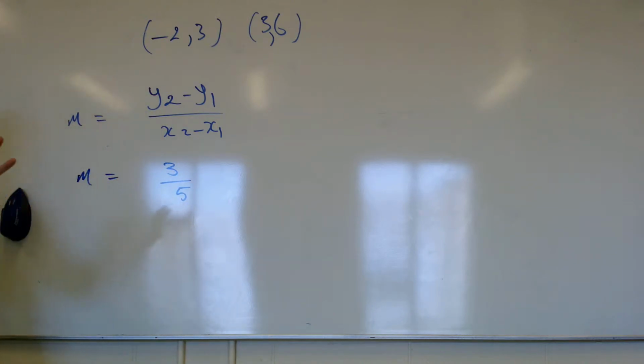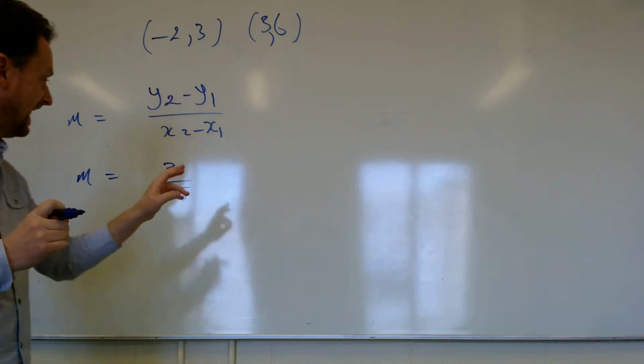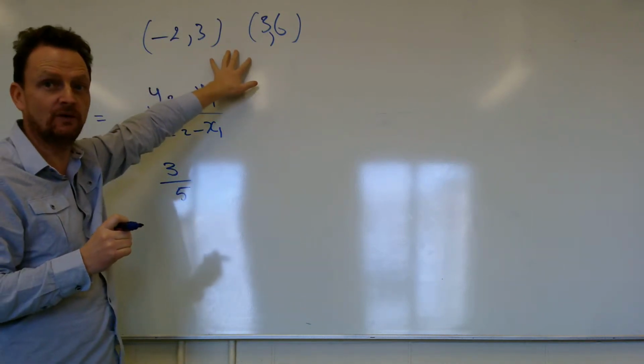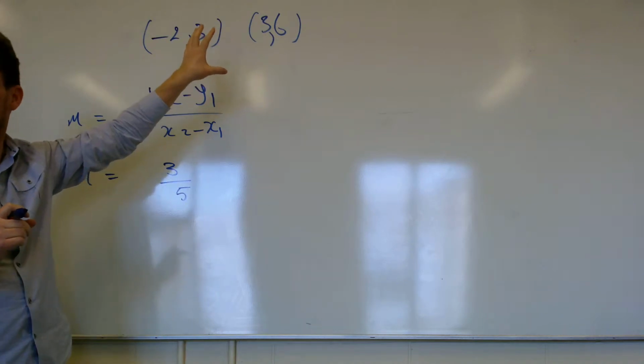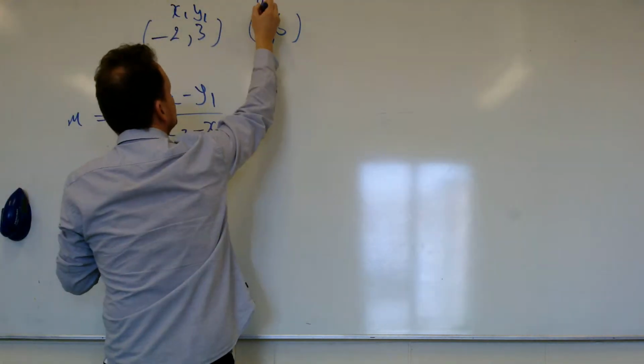Now, ladies, what I'm going to want by the end of this is an equation of a line. I have the slope and I have 2 points, so I'm going to name those points x1, y1, x2, y2.